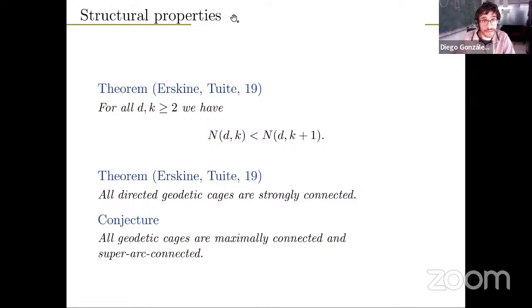And for that purpose, it's useful to have the monotonicity theorem. And they prove in the same paper that the monotonicity theorem holds for k-geodetic cages. And with this property, they can prove that all directed cages are strongly connected. And in fact, we also have conjectures concerning k-geodetic cages being maximally connected and super connected, similar to cages.